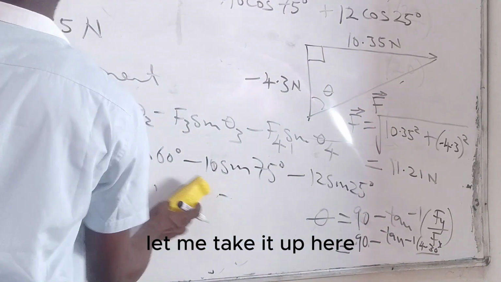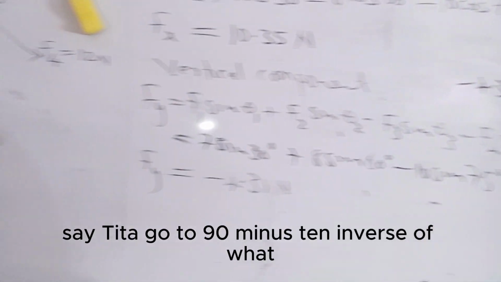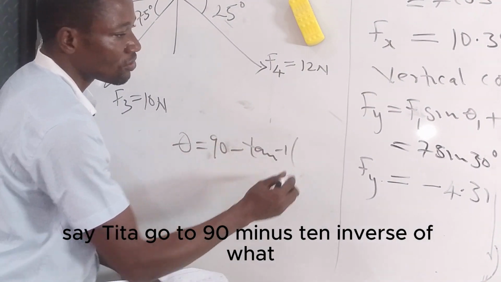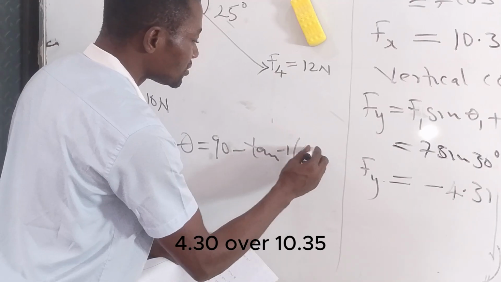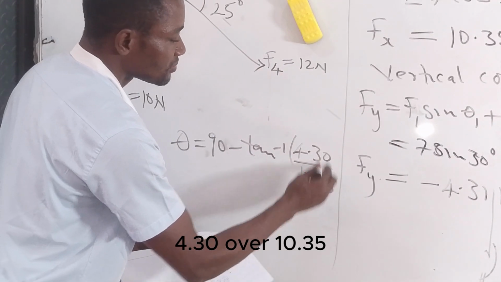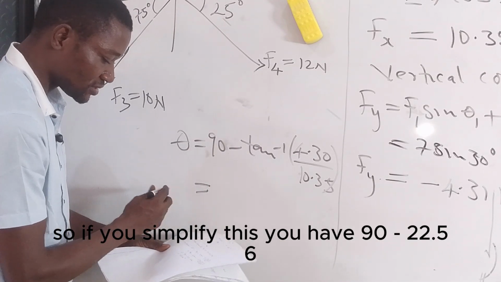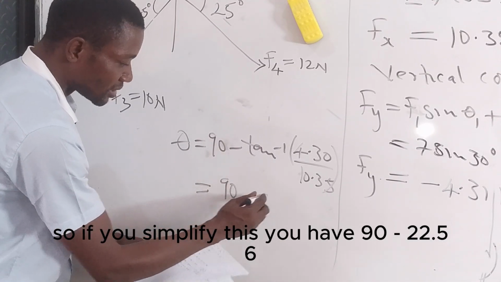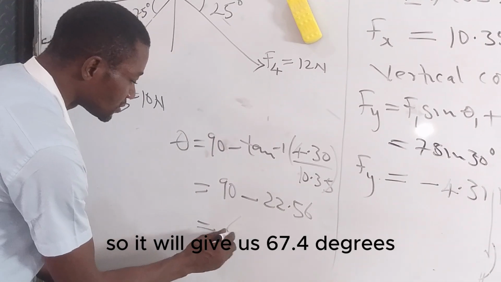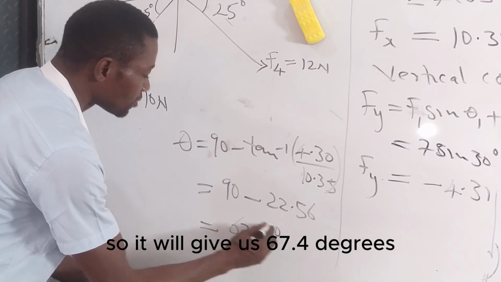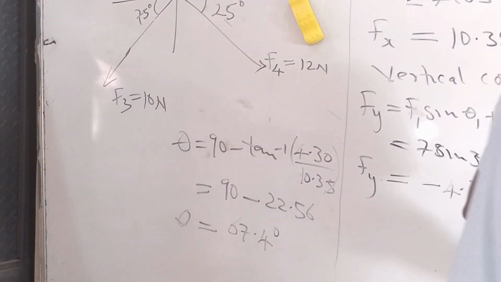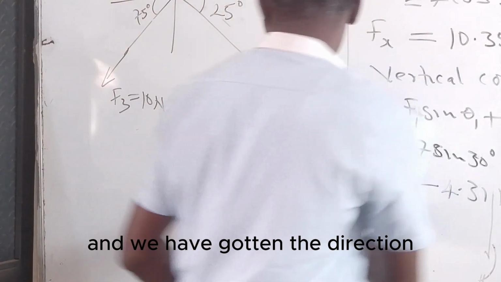Okay, let me take it up here. Theta equal to 90 minus tan inverse of what? 4.30 over 10.35. So if you simplify this, you have 90 minus 22.56. So it will give us 67.4 degrees. So based on this, we have gotten the resultant and we have gotten the direction.